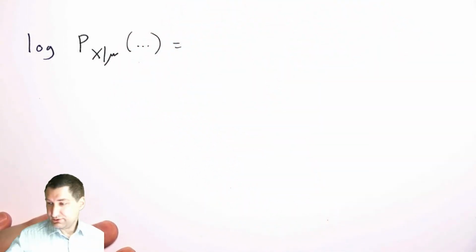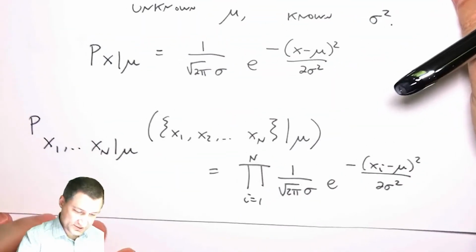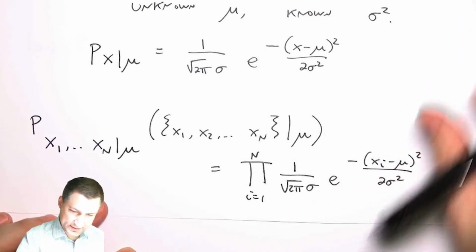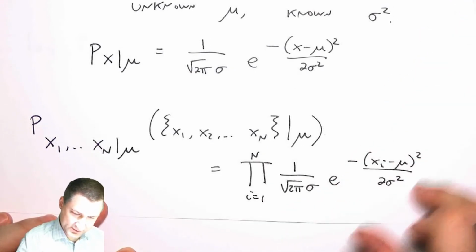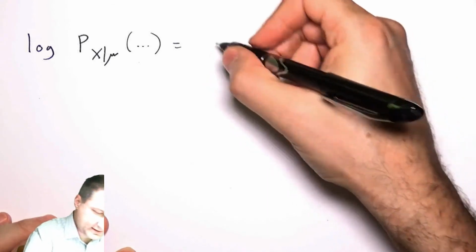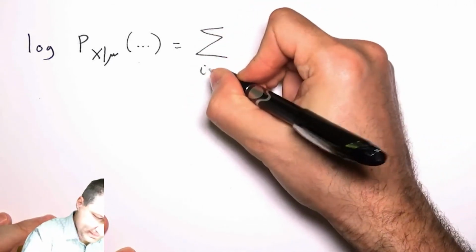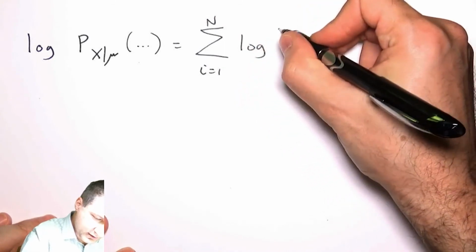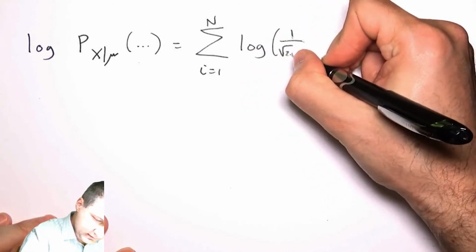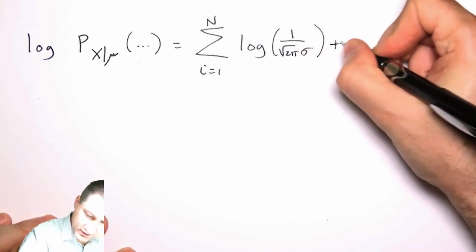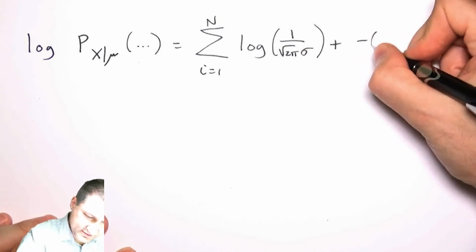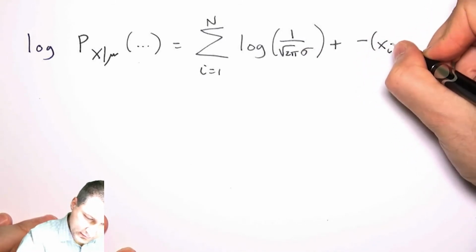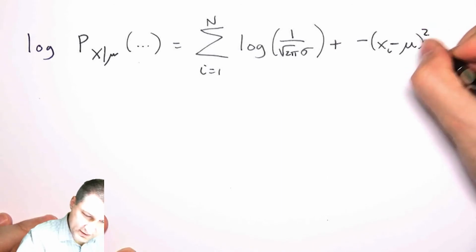well, the nice thing about taking the log is that the product turns into a sum, and then I take the log of this plus the log of that, right? So it's basically the sum of the log of this thing plus this is the log of what's in the exponent, right?